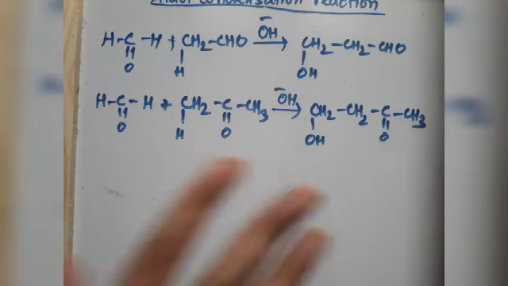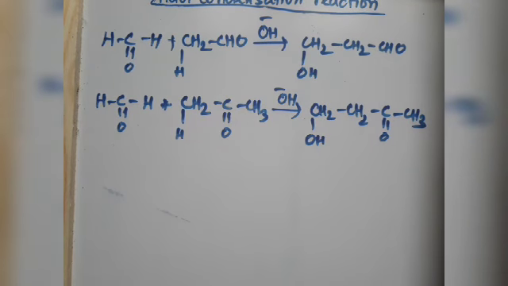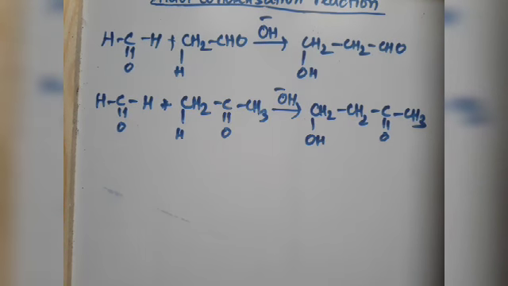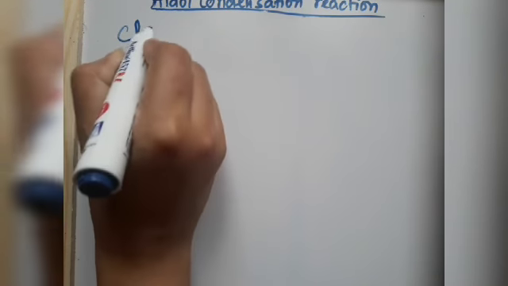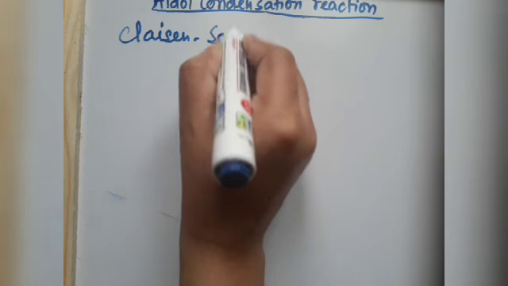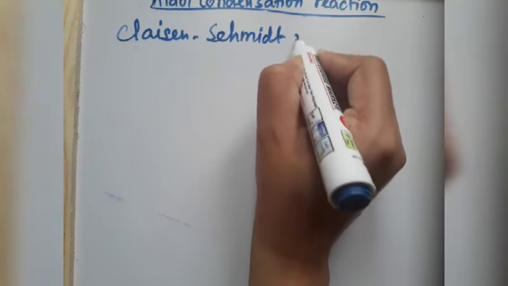The formation of the self condensation products of acetaldehyde and acetone can be avoided by slow addition of these carbonyl compounds containing alpha hydrogen atom to the mixture of the carbonyl compounds lacking hydrogen, that means formaldehyde and dilute alkali. Again a name reaction is there which is known as Claisen-Schmidt reaction.